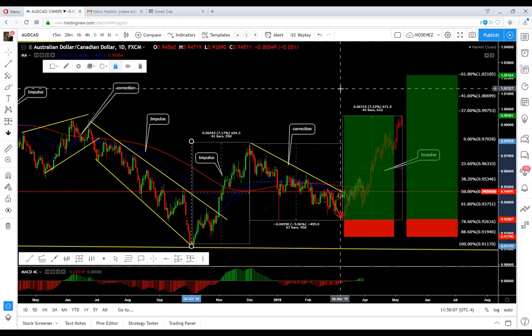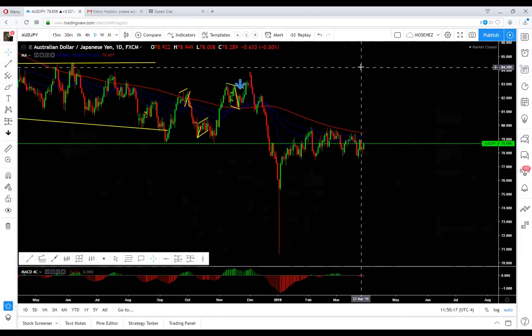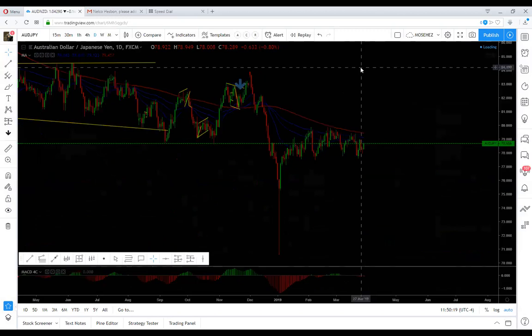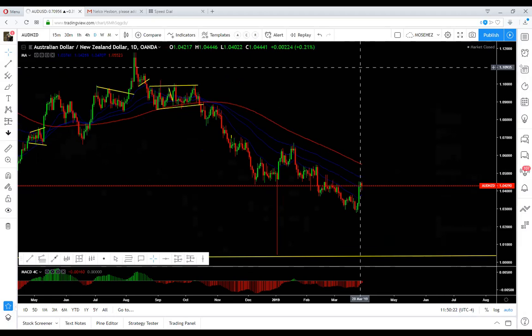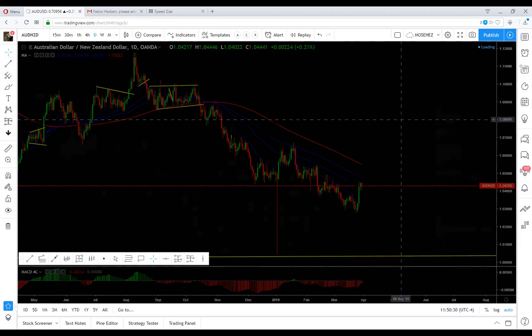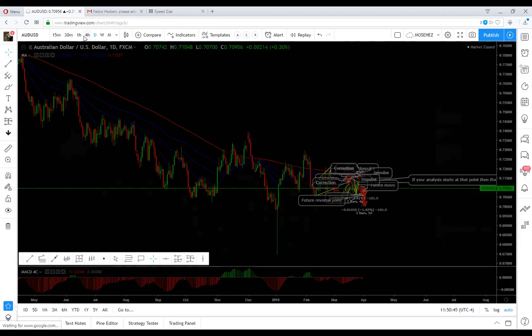So these trades, they are good trades. Simple.